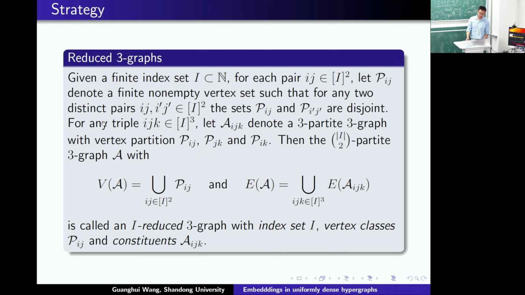So in fact, the reduced 3-graph is a size-|I| two-partite 3-graph, and the vertex set is the union of the vertex classes P_{ij}, and the edge set is the edges of the three-partite 3-graph. We call it an I-reduced 3-graph with the index I, vertex classes P_{ij}, and constituent A_{ijk}.